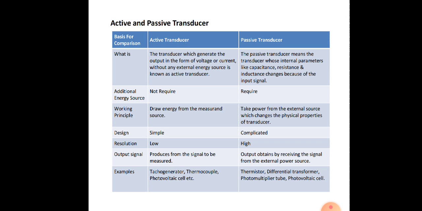Next, the passive transducer is the reverse. Here it will generate the output, but it requires an additional energy source, like capacitance, resistance, or inductance changes caused by the input signal.